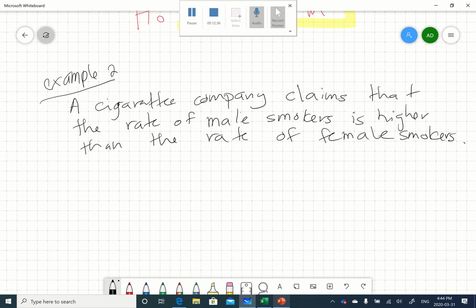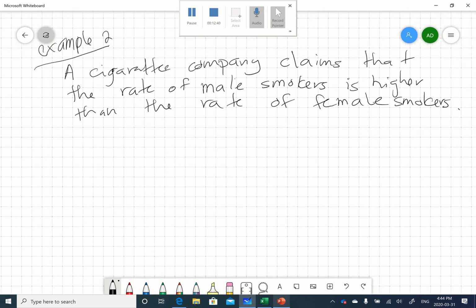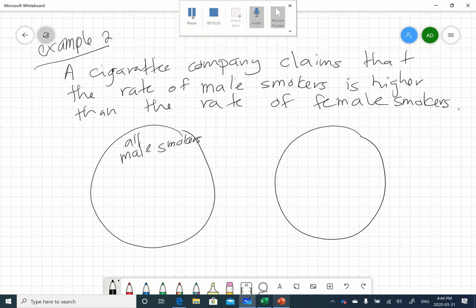Okay, so that's their claim. So their claim involves the entire population. So we have two populations, all male smokers, and the other one, we are comparing to all female smokers.